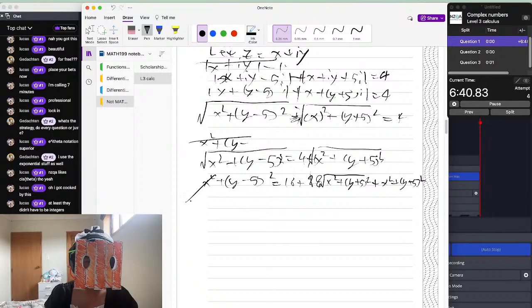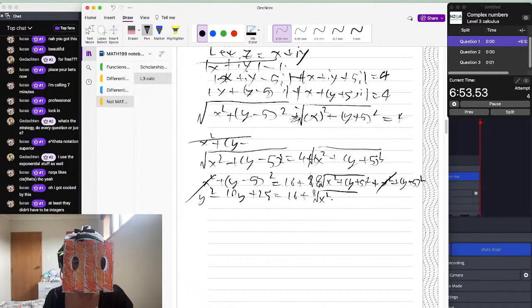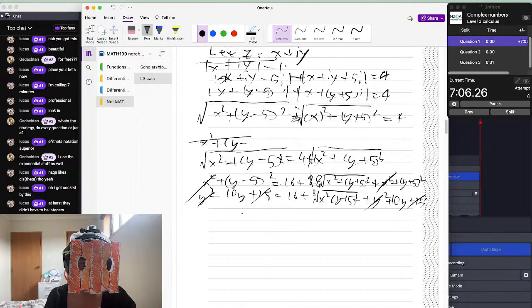Alright, both sides, those cancel out, and y minus 5 squared expands to y squared minus 10y plus 25 equals 16 plus 8 root x squared plus y plus 5 squared, which equals y squared plus 10y plus 25. The y squared terms cancel out. That's really nice.